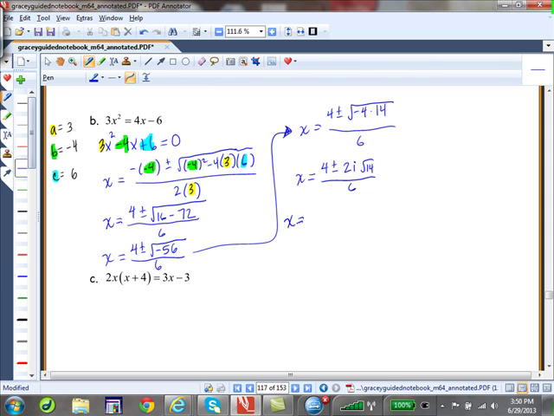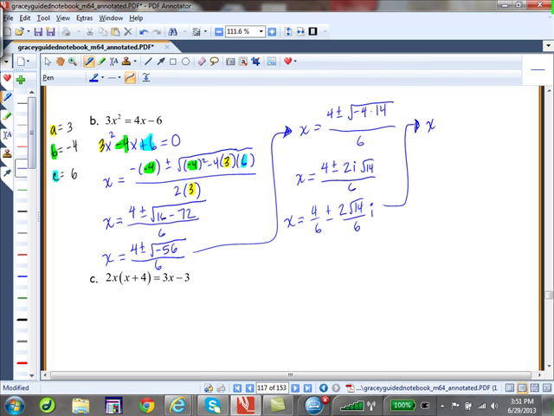So we've got a complex number, an imaginary number, so I'll go ahead and split it. 4 over 6 plus or minus 2 root 14 over 6 times i.